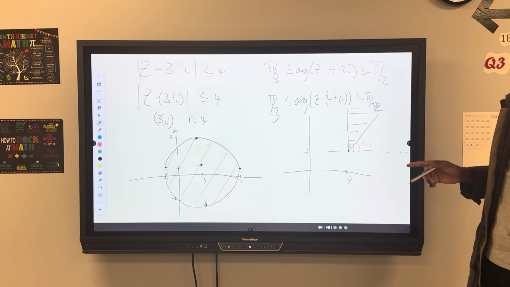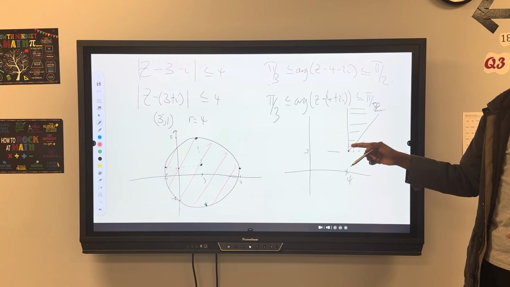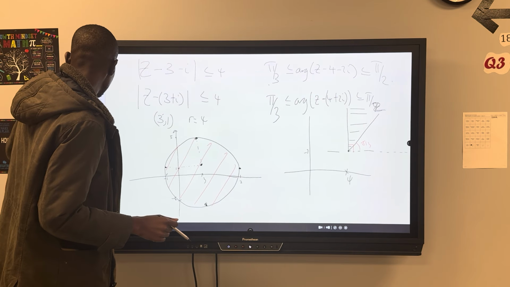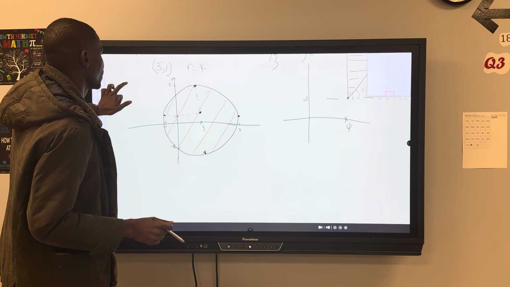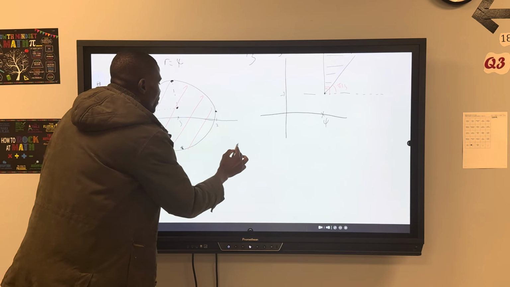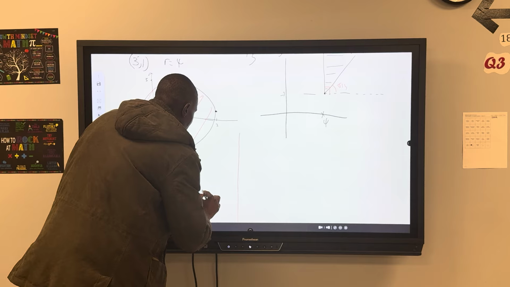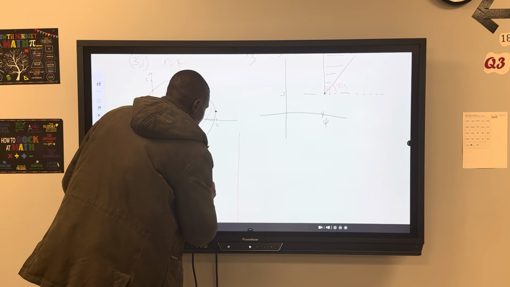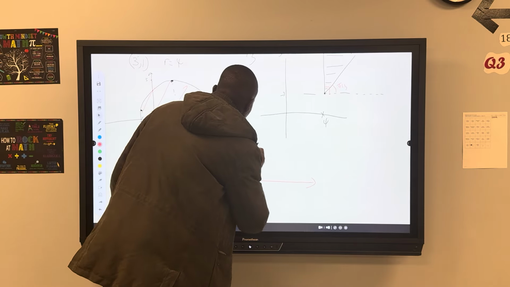So now we have to combine these two together to come up with the required solution. To combine these now, don't overthink. Remember, we had our circle here.